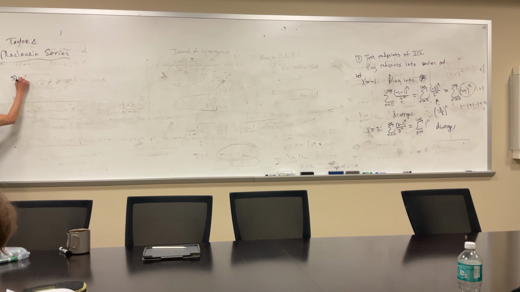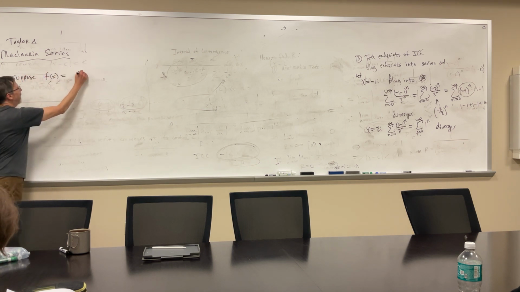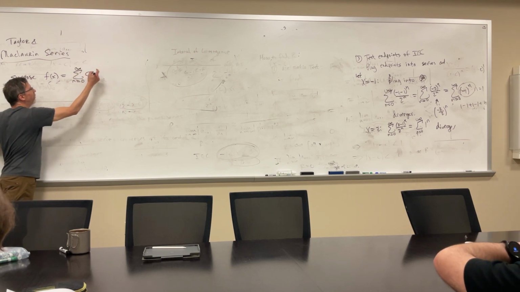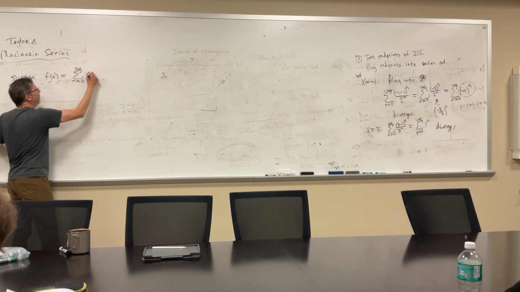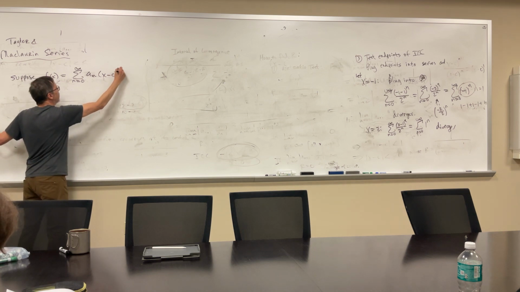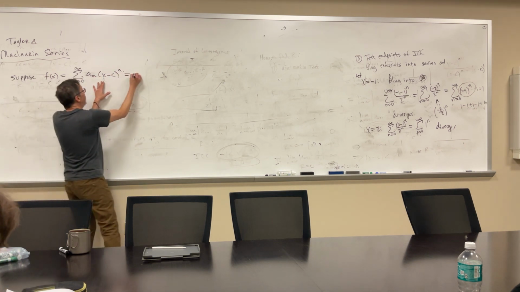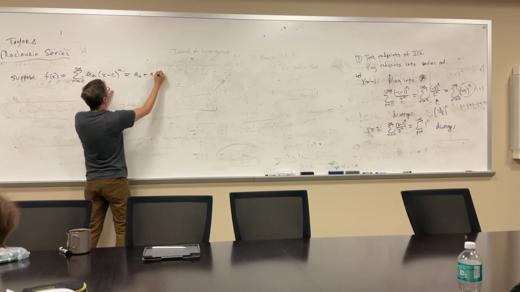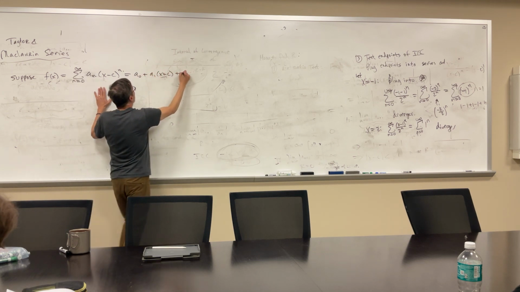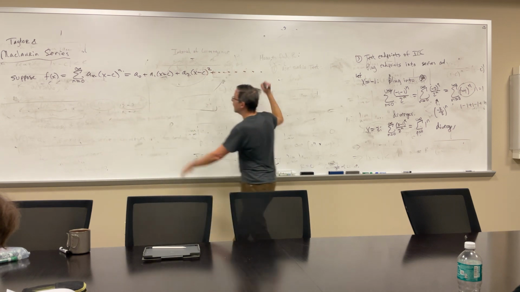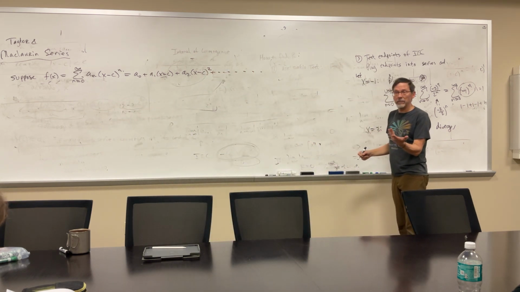So suppose I've got some function, f of x, and I can write it like this. I'm going to treat this infinite series, this infinite polynomial, as a function.